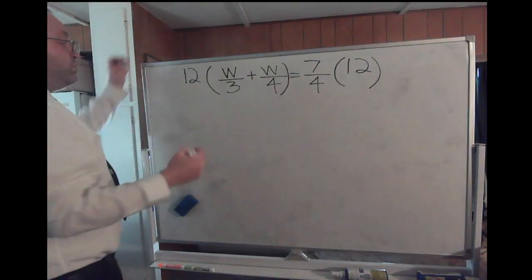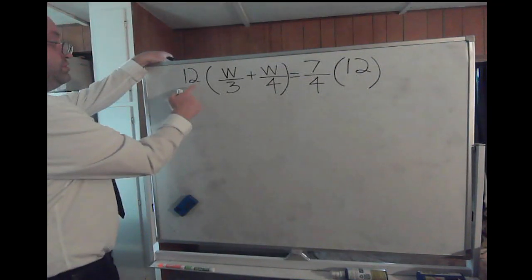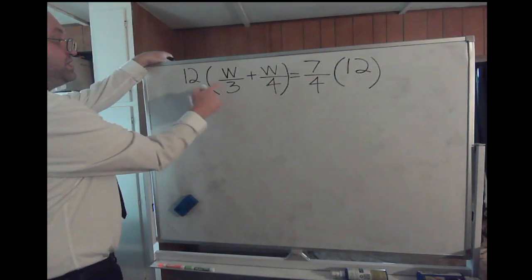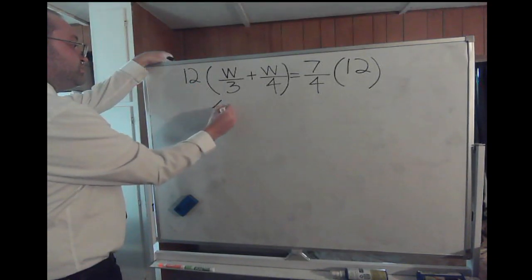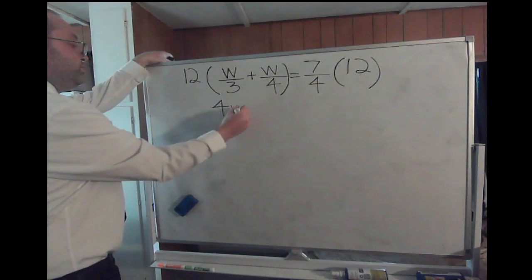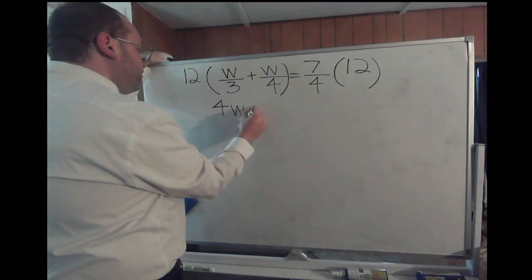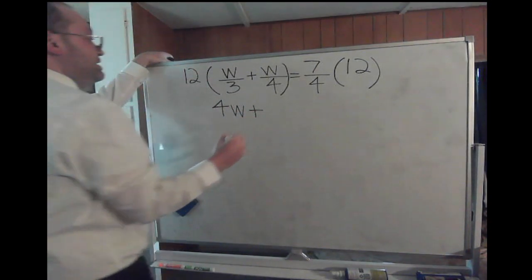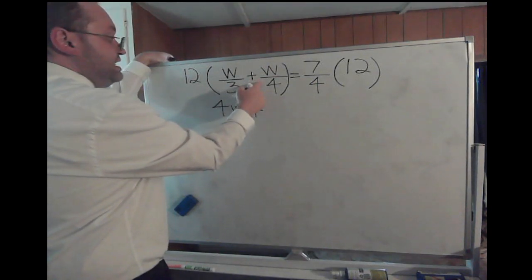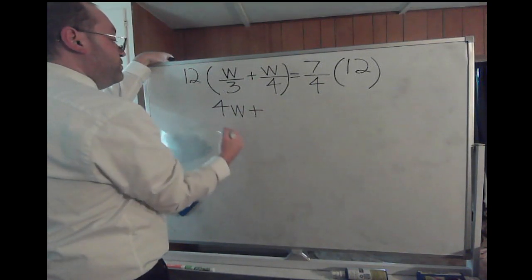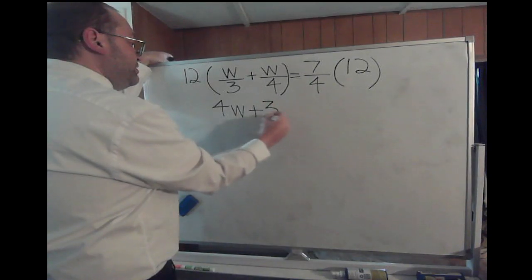denominator. What you're going to get, let's do the distributive property, 12 times w over 3. Well, that 12 divided by 3 is 4, so you would get 4w plus you would then get 12 times w over 4. 12 divided by 4 is 3. You would get 3w.